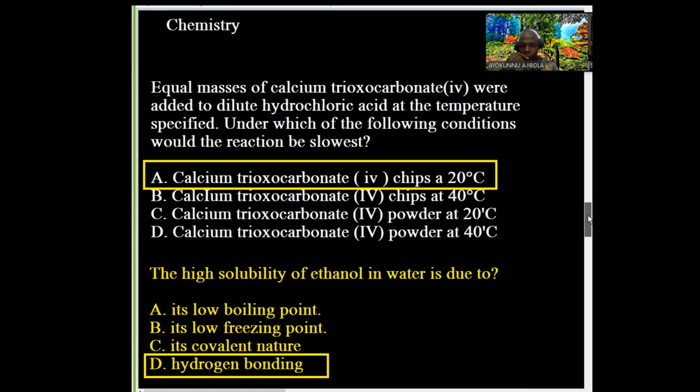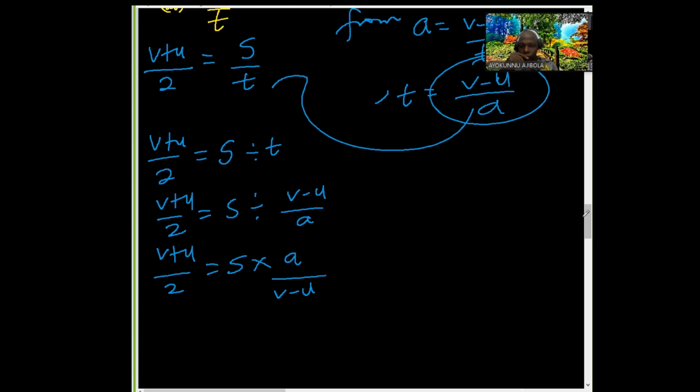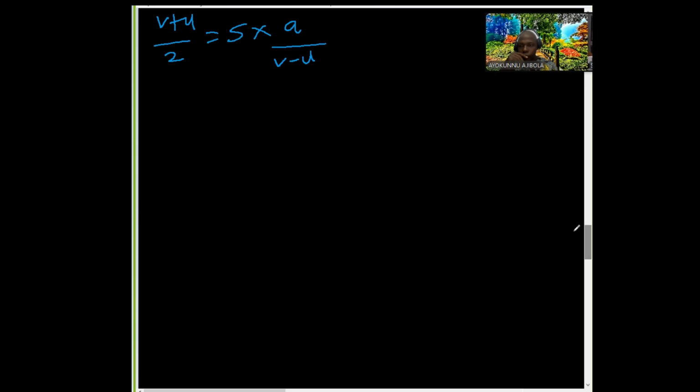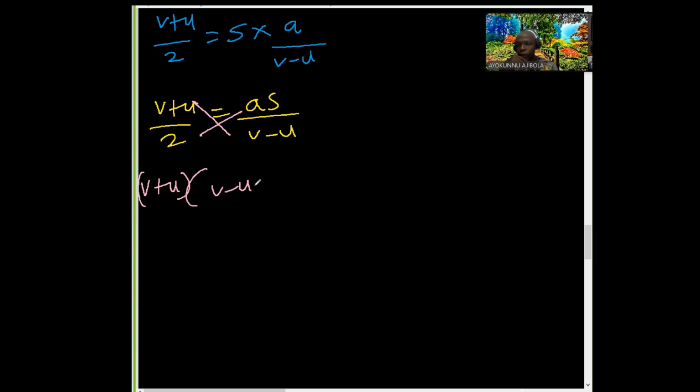Okay? Good. So let me try to bring it up. If we multiply through at the top, we have v plus u over 2 equals as over v minus u. Then we cross multiply, okay? So we have v plus u into v minus u equals 2as.